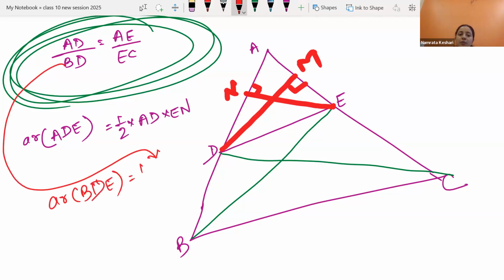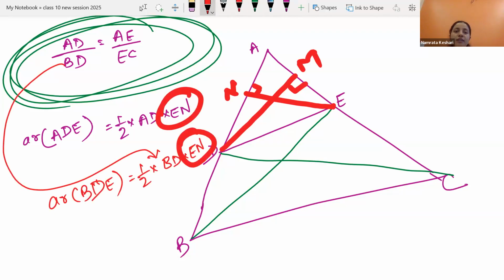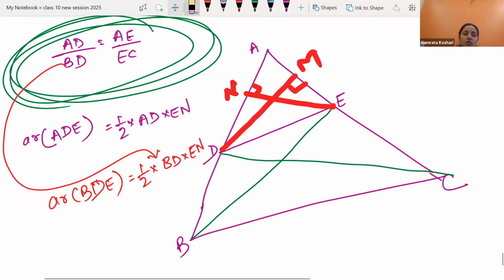That is 1 by 2 into base BD, and height EN. These two heights must match, then once you find the ratio, they will cancel out each other. In the figure, the height is lying outside BD, and that is completely normal.